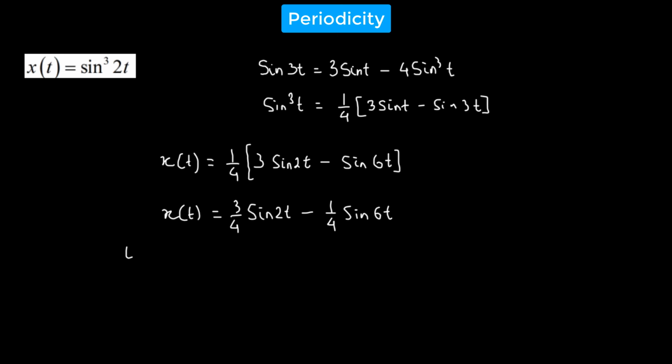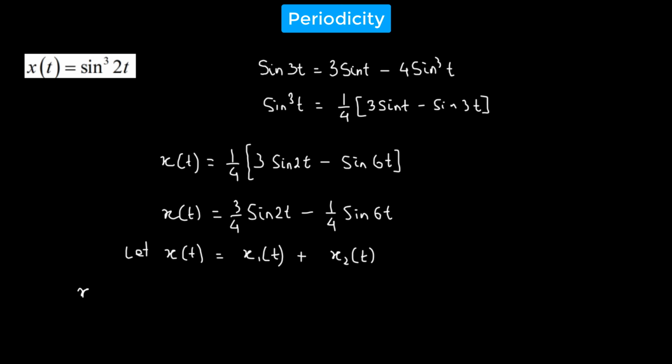Now we are going to assume that this x of t is composed of two signals: x1 of t, which is 3/4 of sine 2t, plus x2 of t, which is the second term in the signal x of t. Let's find out the period of each of the two functions x1 and x2 independently.